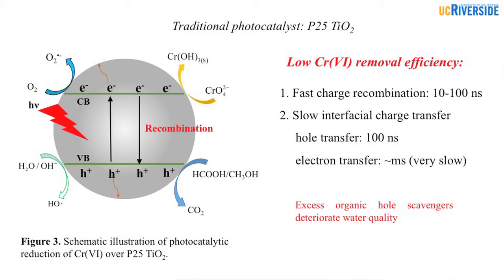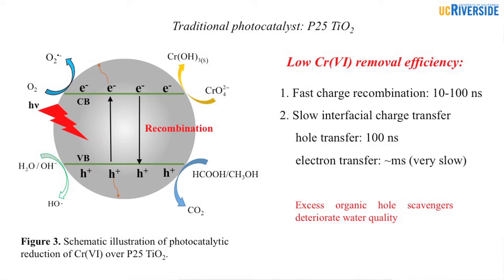And typically, when we shine UV light on the nanoparticle, the electrons on the valence band will transfer to the conduction band. CB is conduction band. They leave holes, H+ holes, on the valence band. The electrons are active. They can further transfer to the surface to reduce chromium 6 to chromium 3 hydroxide.